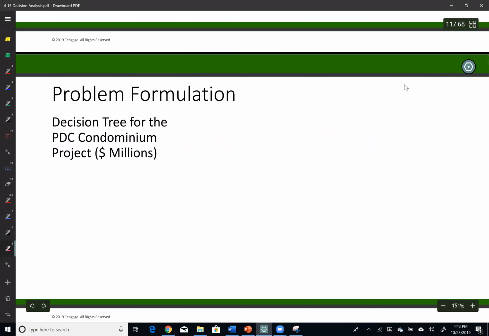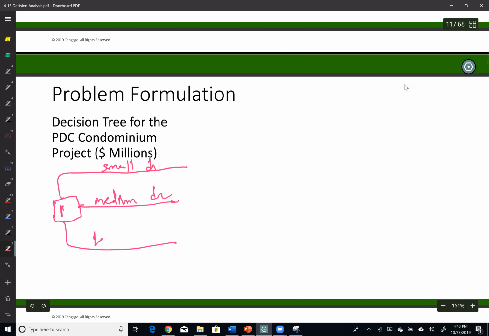So we show decisions in decision analysis with squares. So this is my decision node, which I would like to number 1, and I have three different decision alternatives: 1, 2, and 3. The first one is small complex or small condo, which we name decision 1, medium, decision 2, or large, decision 3.